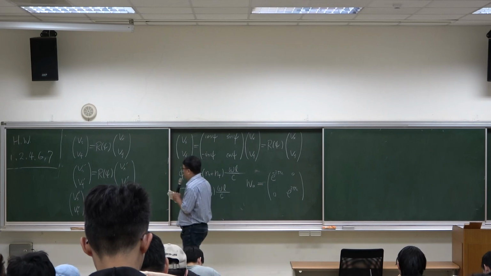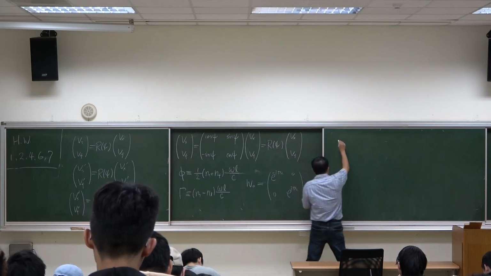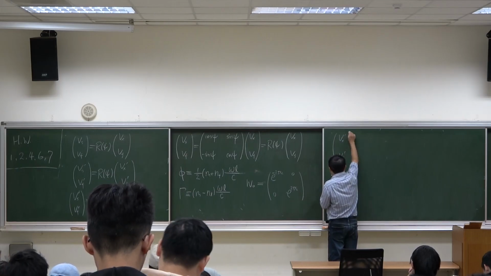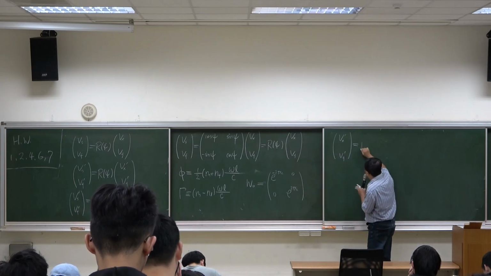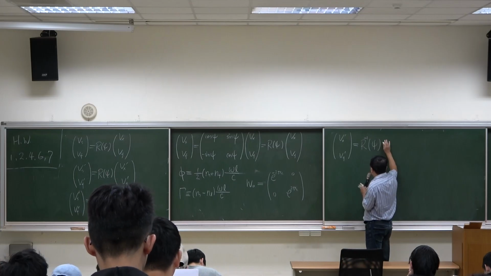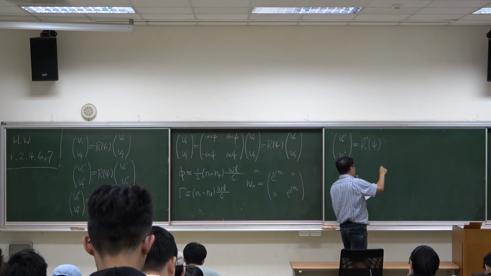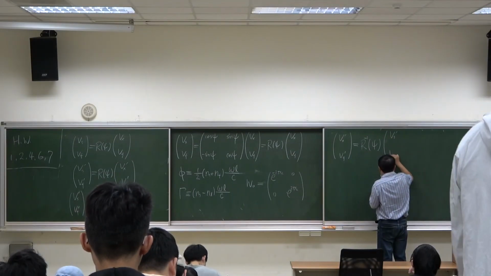So we see that Vx prime, Vy prime is equal to R inverse psi, the inverse matrix of the R matrix, times Vs prime, Vf prime.